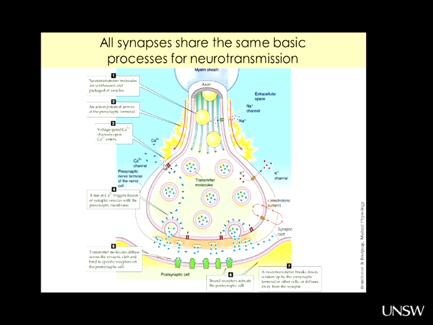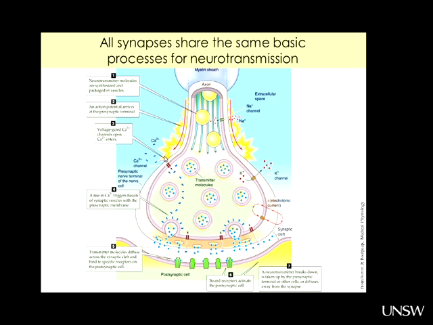When it gets to the terminal, the same process continues. The depolarization causes opening of voltage-gated sodium channels, causes some depolarization. The first different part happens here: we've got voltage-gated calcium channels in the membrane as well as voltage-gated sodium channels.